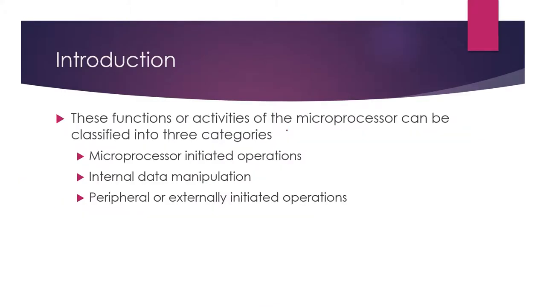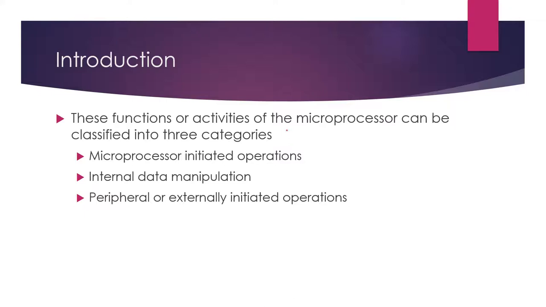So these functions of the microprocessor can be classified into three categories: microprocessor initiated operations, internal data manipulation, and peripheral or externally initiated operations. When the microprocessor fetches an instruction from the memory, it is called a microprocessor initiated operation.